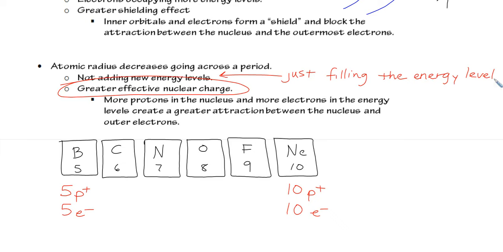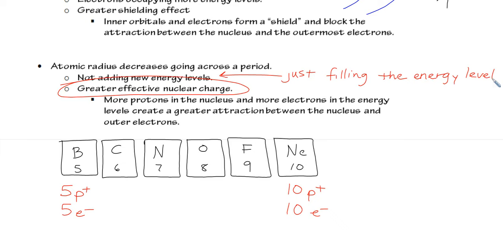Okay, so this nuclear charge term, think about it as magnets. I've got opposite charges that attract each other, electrons and protons. In boron, I've got 5 protons and 5 electrons, which would be an attractive force. Opposites attract. But as you move across to neon, you've got 10 protons in the nucleus and 10 electrons.